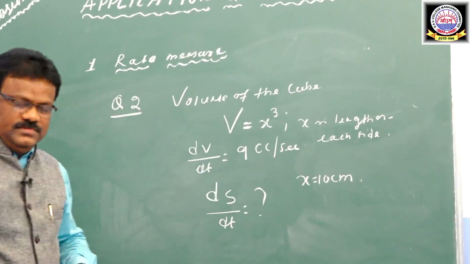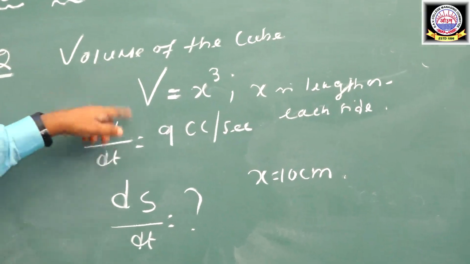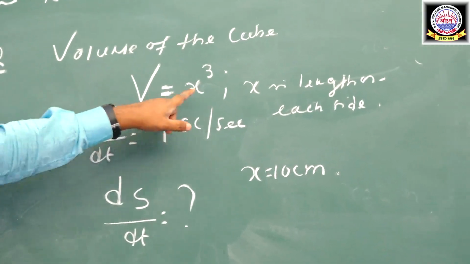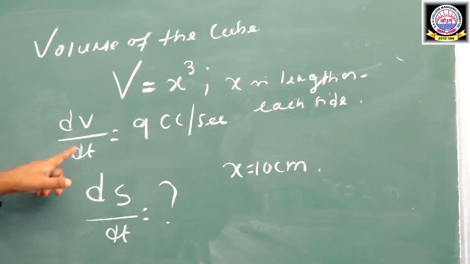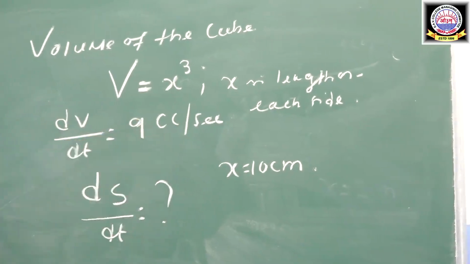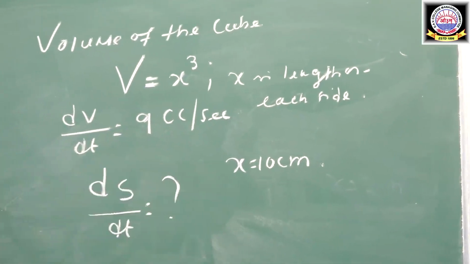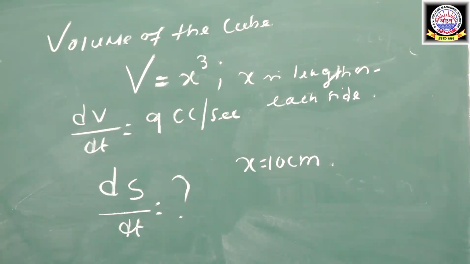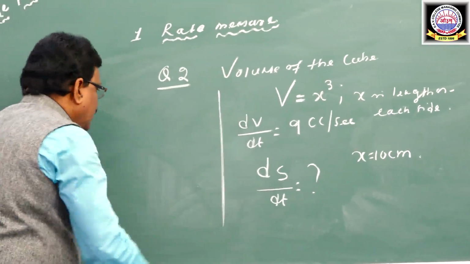So, once again the data: V is equal to x cube is the name of the function, second, dV by dt is given, then third, dS by dt we are going to find, and the instant value of each side of the cube is also given.